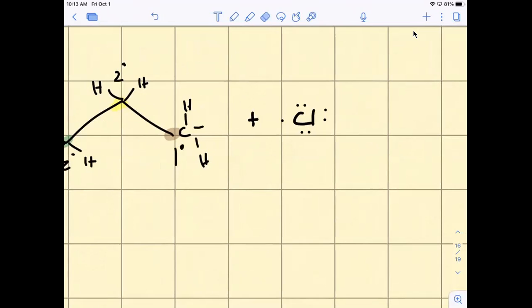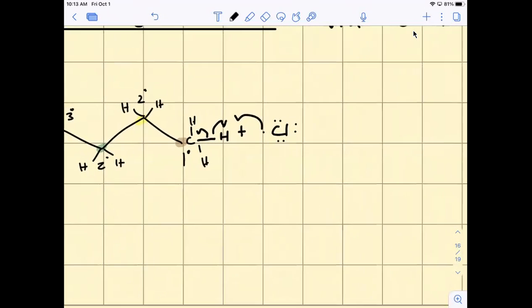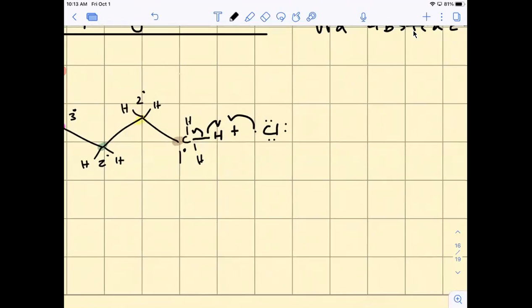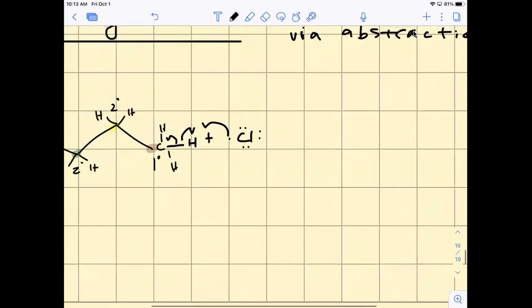I'm going to make that bond longer so we can show the arrows. All right, so it's always here, here, and here. Is that right? That's how we show abstraction. It's normally shown using 3 arrows, right? An arrow from the radical initiator, and then you show the bond where the hydrogen is coming from. You show that bond breaking homolytically. All right, so now that's that.